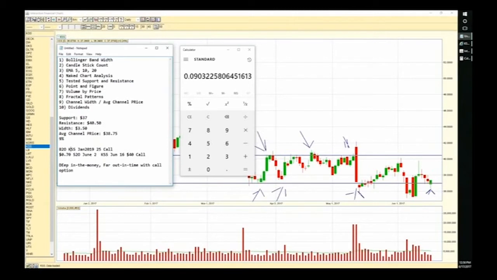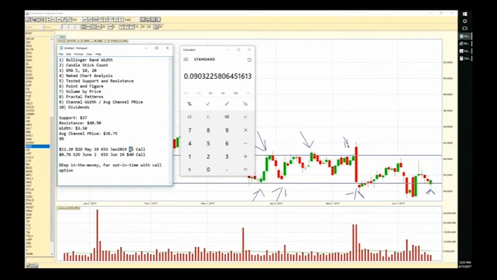Make sure we go ahead and keep our nomenclature here. And what we wound up paying for these things was $12.20. So instead of paying $37 on May 19, we paid $12.20 for this deep in the money.